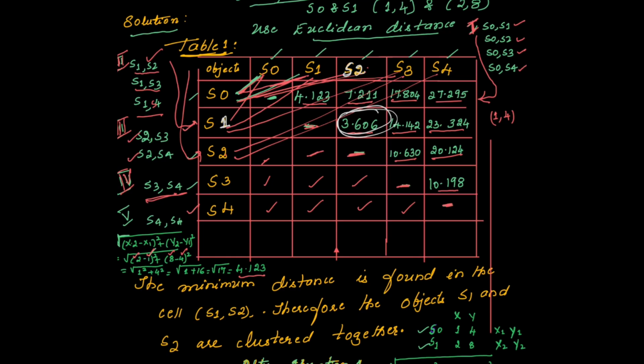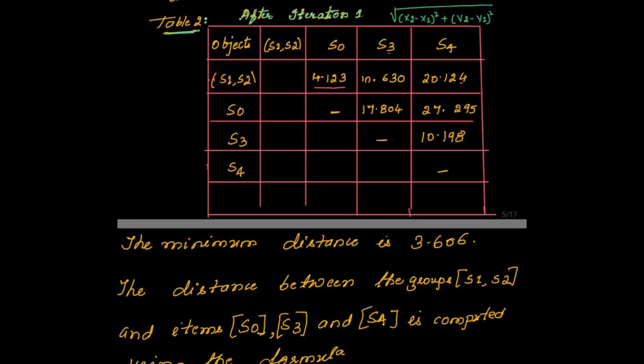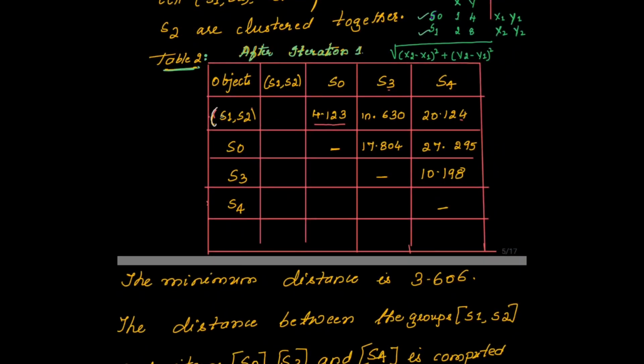So now these two data points S1 and S2 you will put in one cluster. Earlier they were in separate clusters, now S1 and S2 have come together. So write S1 and S2 in the columns also. The remaining S0, S3, S4 remain the same.